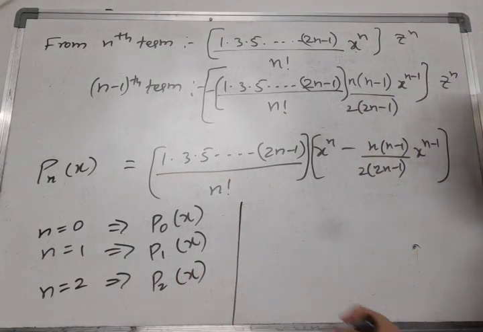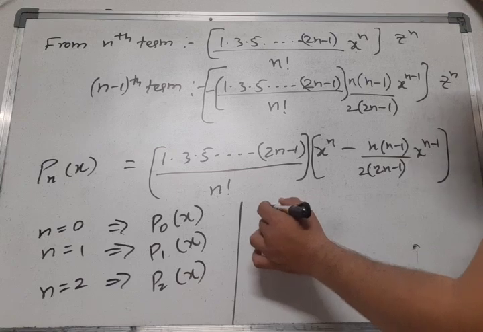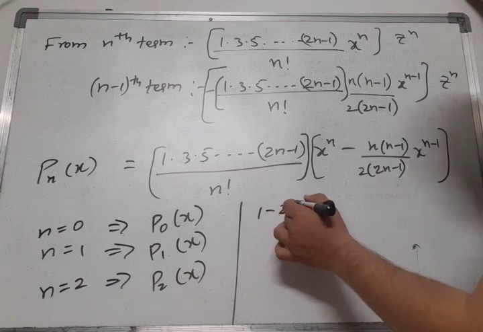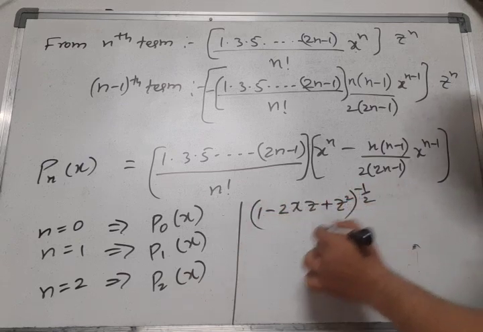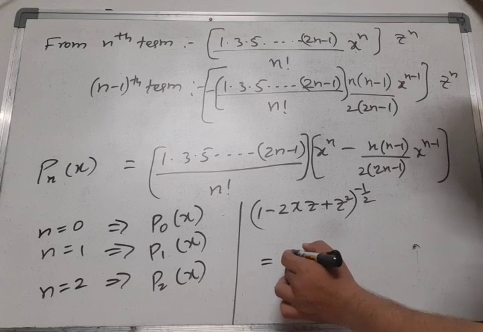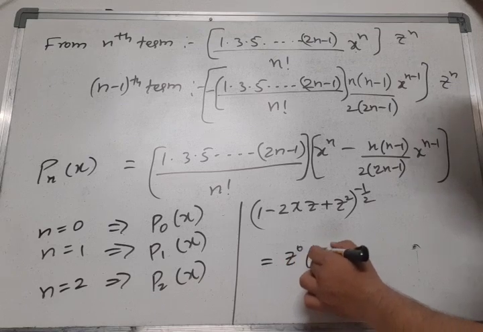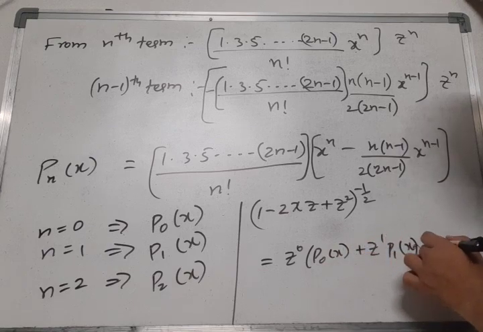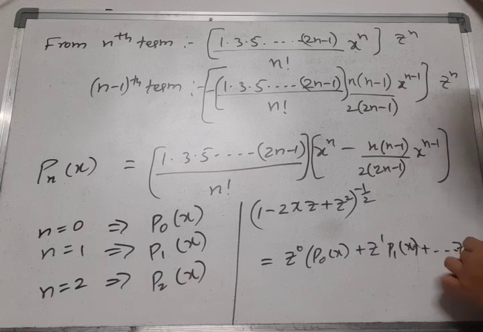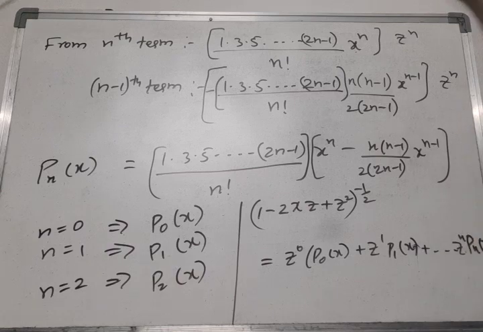Okay, so how the term will be expanded now, let us see. 1 minus 2xz plus z square whole to the power of minus 1 by 2 can be written as z power 0 into P naught of x plus z power 1 into P1 of x plus and so on, z power n into Pn of x. Like this we can write the total polynomial using Legendre's polynomial.